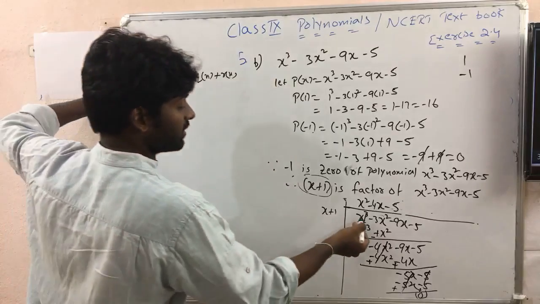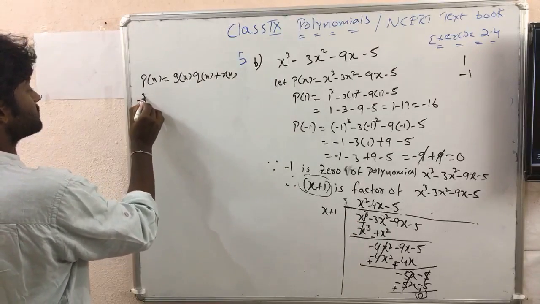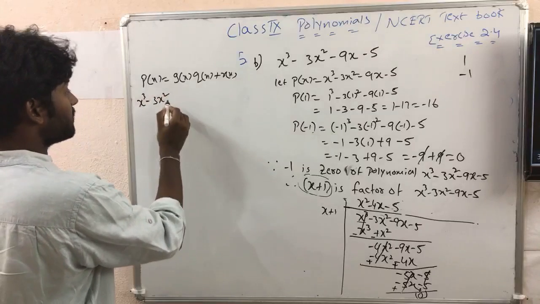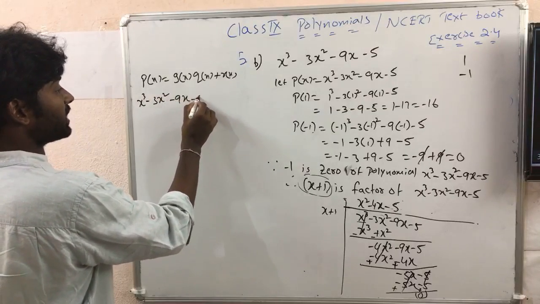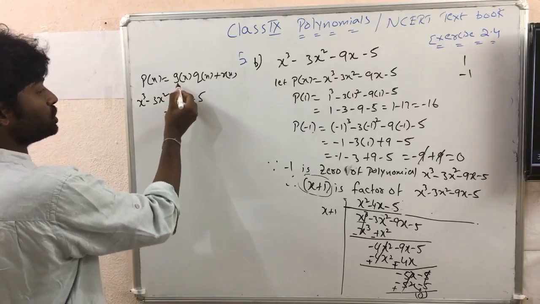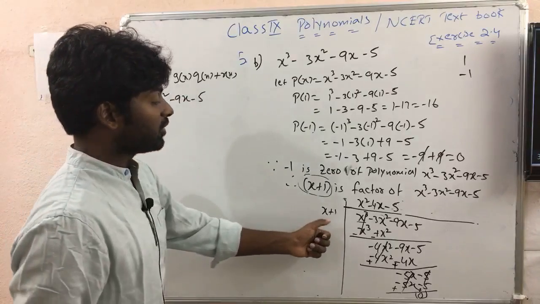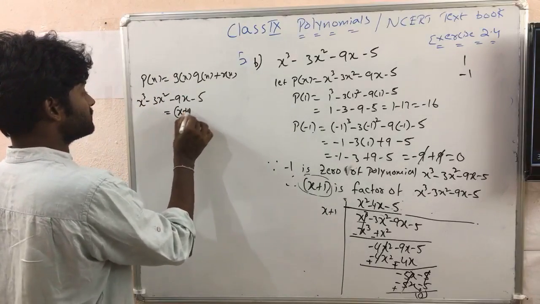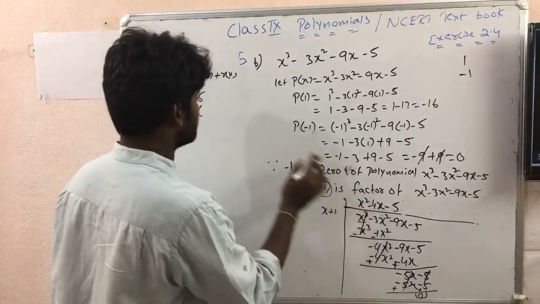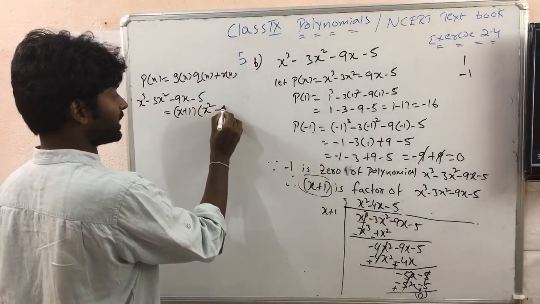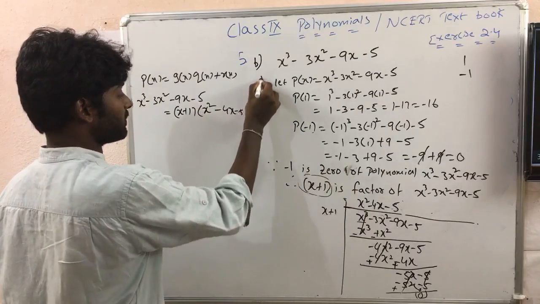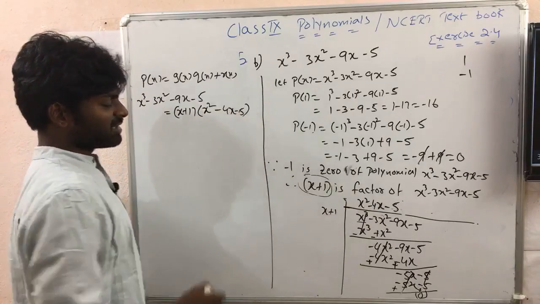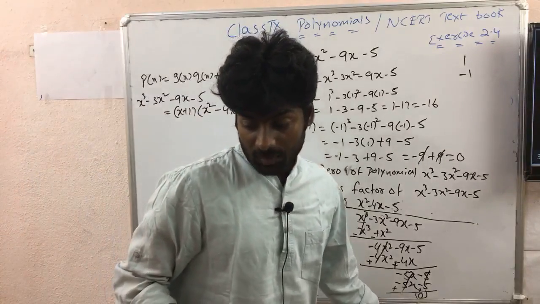What we have divided here? x cube minus 3x square minus 9x minus 5 equals g of x, with what we have divided? x plus 1, into what is the quotient here? x square minus 4x minus 5, plus remainder. What is the remainder here? Obviously 0.